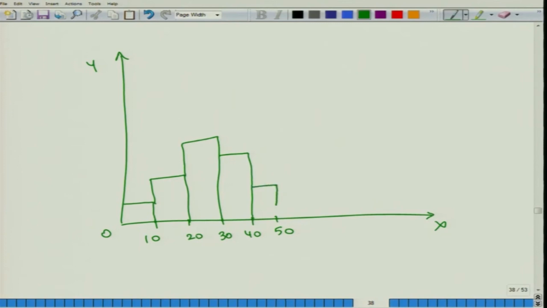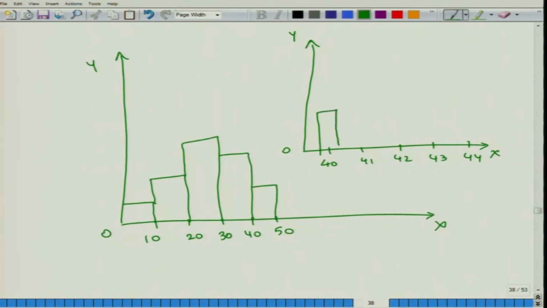So, here the values are joined together. On the other hand, if we had a discrete distribution, say number of pupils in different classes, suppose we had the values like 40, 41, 42, 43, 44 and suppose each class had a different value.